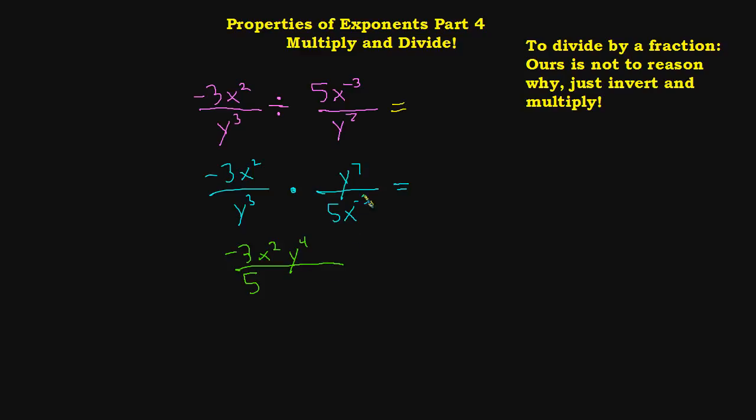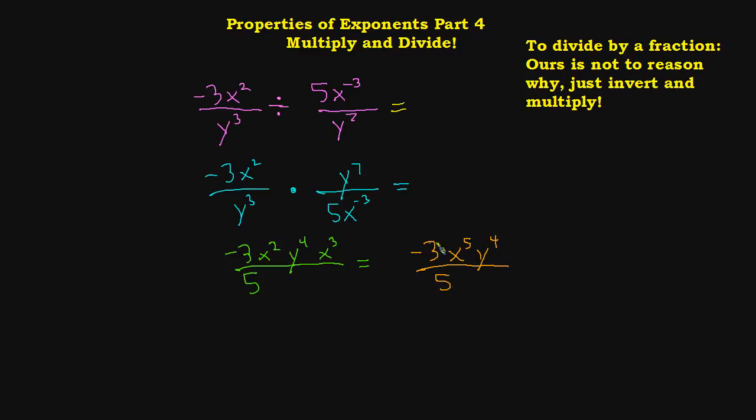And then the x to the negative 3 moves to the top and becomes x to the positive 3. And then one last little deal is x squared times x cubed. So we get negative 3 times x squared times x cubed is x to the 5th, y to the 4th, and that's all over 5.